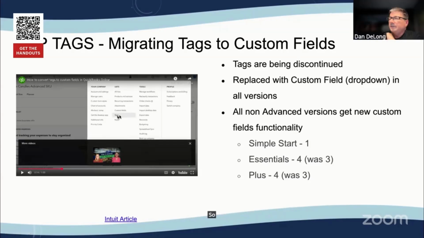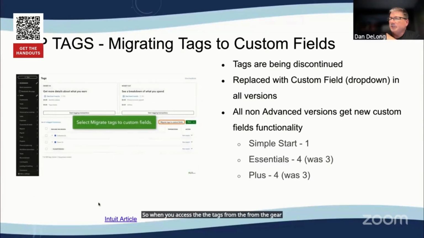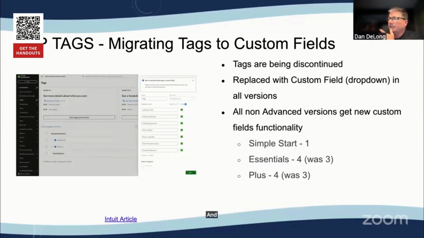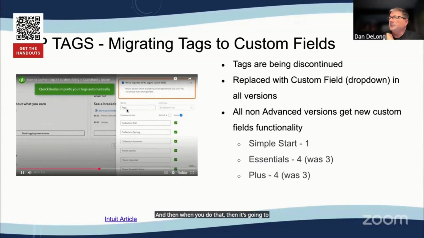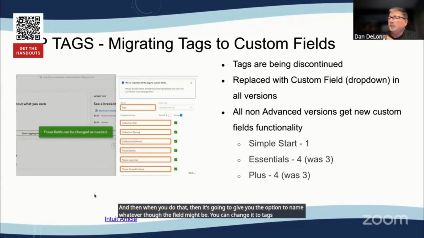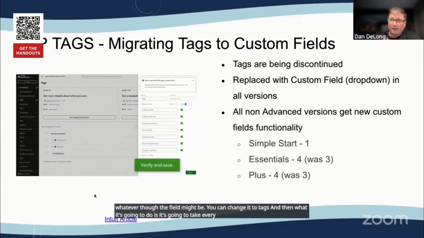So when you access the tags from the gear, there will be an option there to select migrate tags to custom fields. And then when you do that, it's going to give you the option to name whatever the field might be. You can change it to tags. And then it's going to take every individual tag that you have.